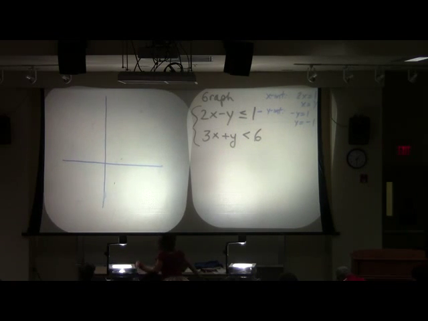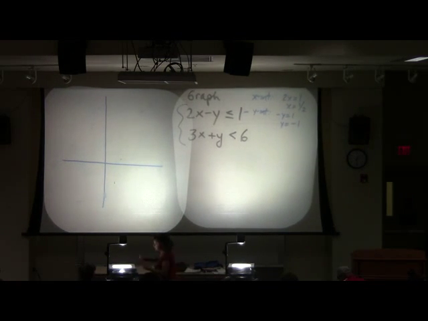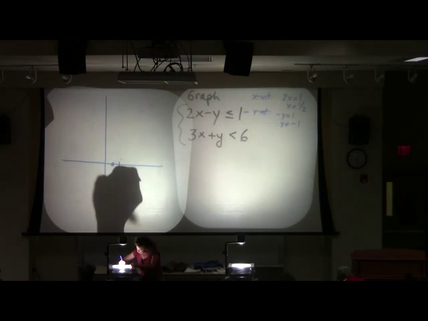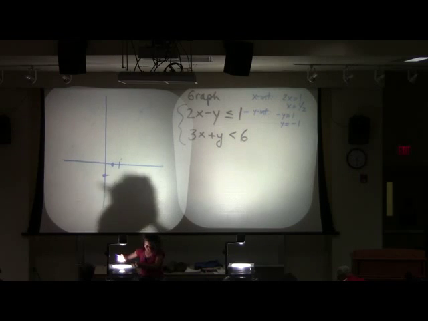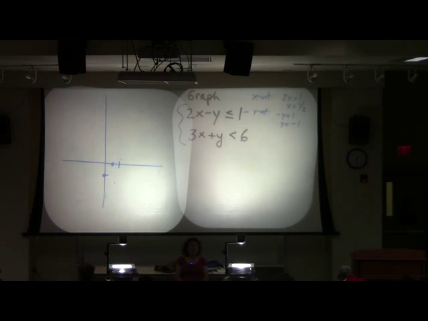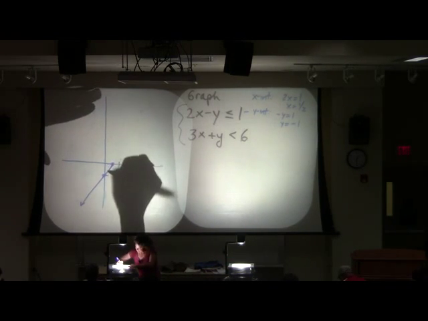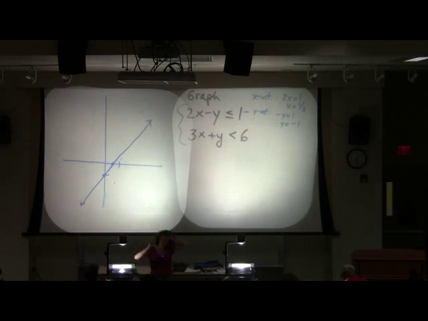So, I have x to be equal to 1/2 right here, and I have y to be negative 1 right here. Am I going to connect my dots with a solid or a dashed line? Solid. Am I done here? No, I need to take a test point.